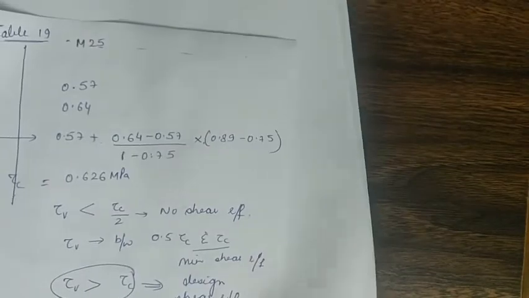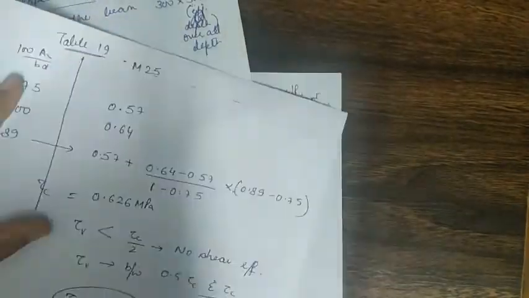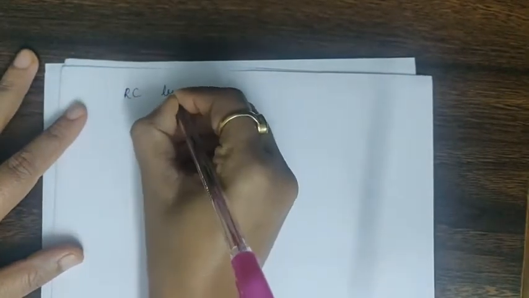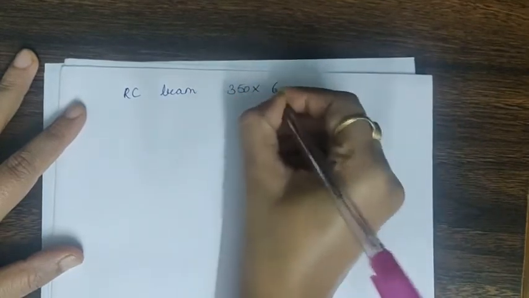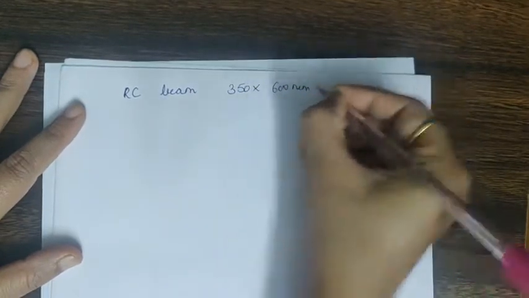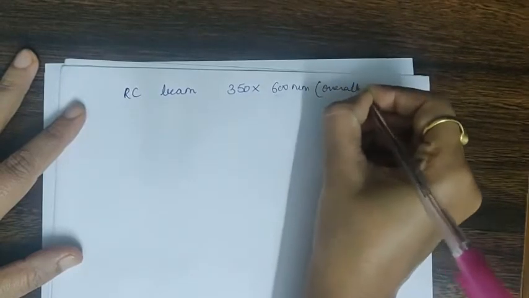So in the next numerical, I'll be taking the question in which, along with the vertical stirrups, there are some bent up bars also. So let's do that. In the second numerical, I am having an RC beam of size 350 by 600 millimeter. This 600 is overall depth.